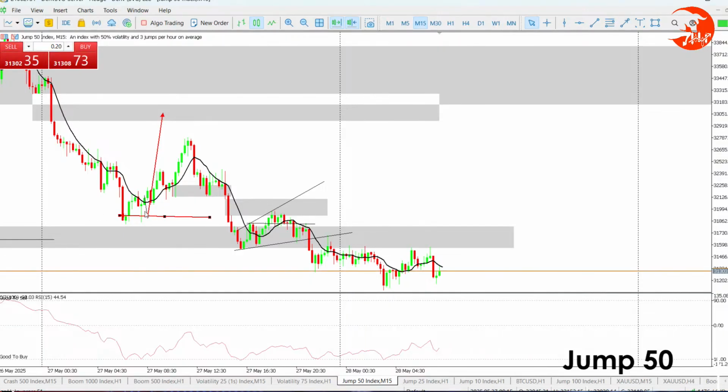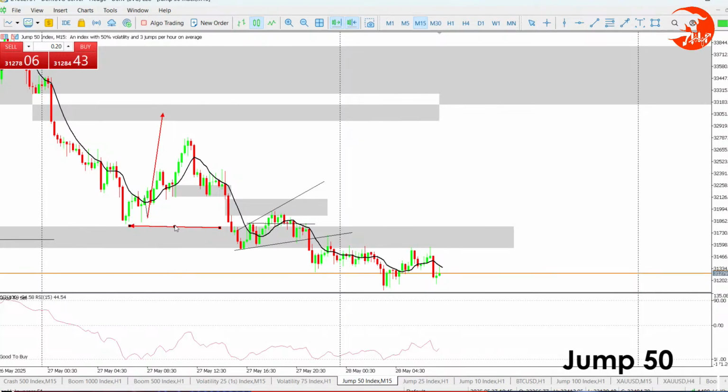I had put limit orders wanting this move to get up there. But was it there? Was it here? I don't even remember. But I had limit orders waiting, and then price had already done that, not activated, but I missed to remove them. I didn't go back to jump 50 to actually delete the limit orders, and they were activated when the structure had already changed.